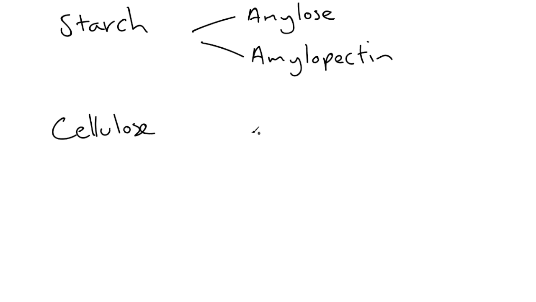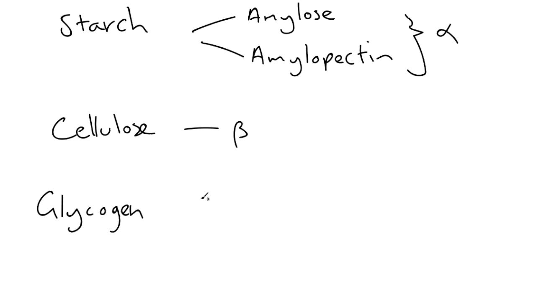Okay, so both of these are plant, and this is for structure. Okay, I should say all from alpha. This one's just from beta glucose, I mean. And then the last one is glycogen, which you associate with animals, and that's made of alpha glucose.